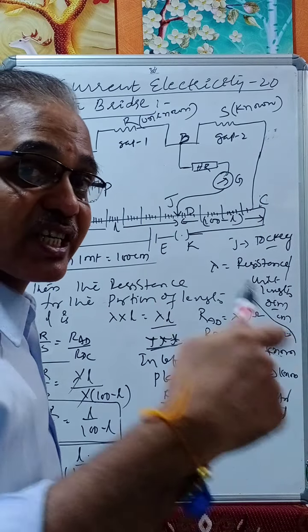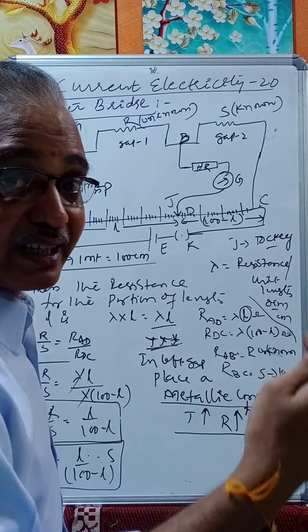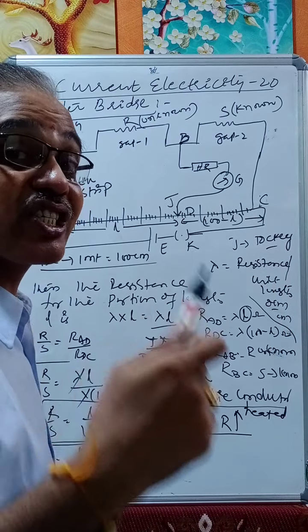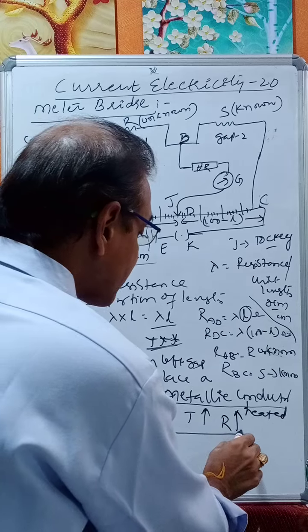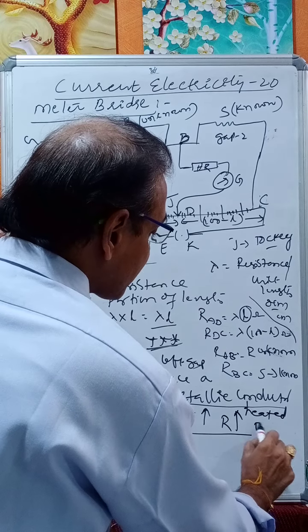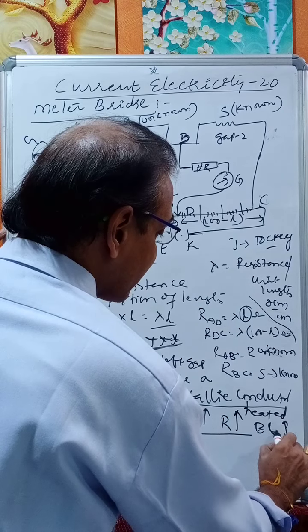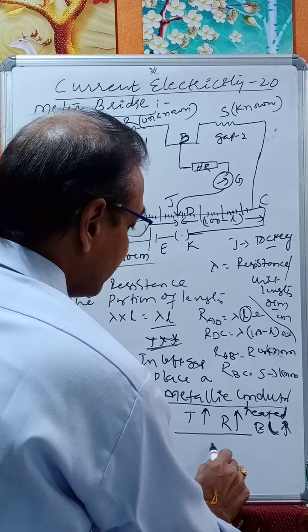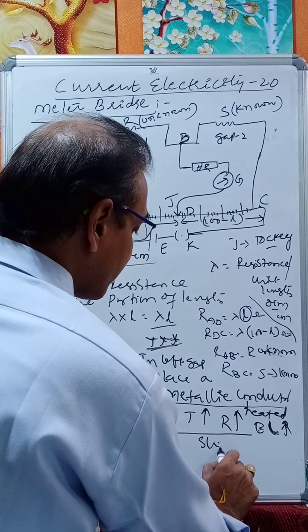For conductors, as temperature increases, resistance increases. So the balancing length increases, therefore it shifts towards the right.